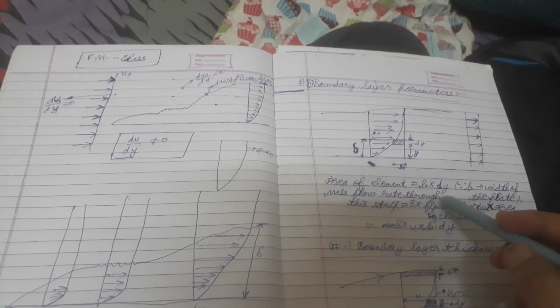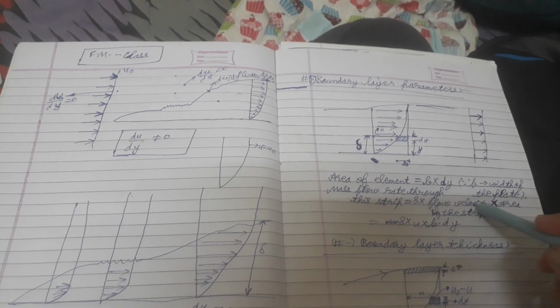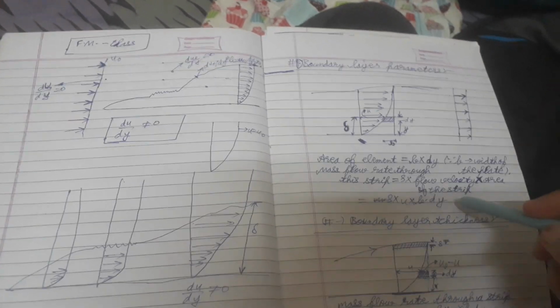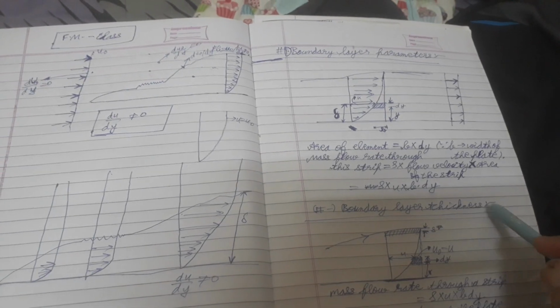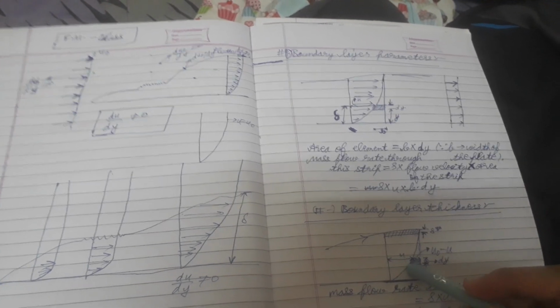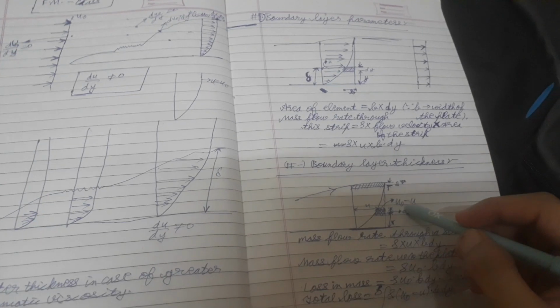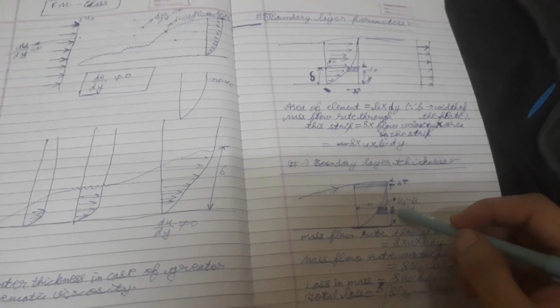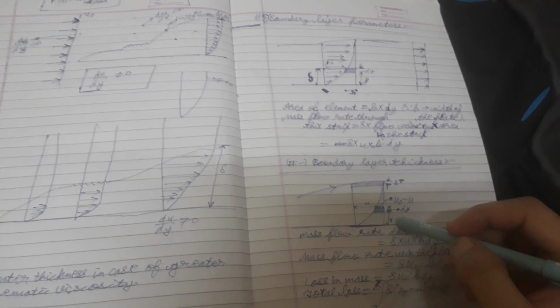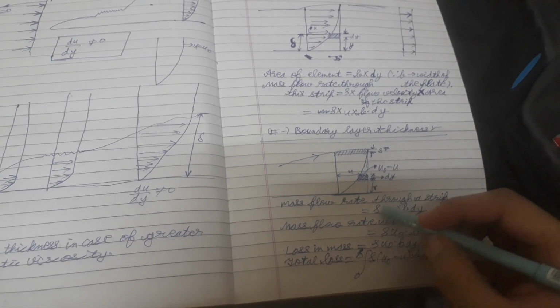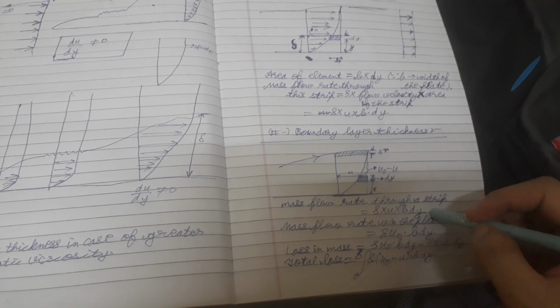Mass flow rate through this strip is equal to rho into flow velocity into area of the strip, which is rho into u into b dy.